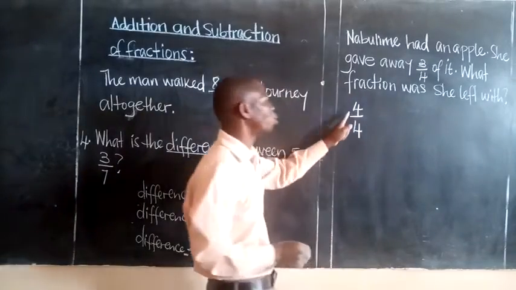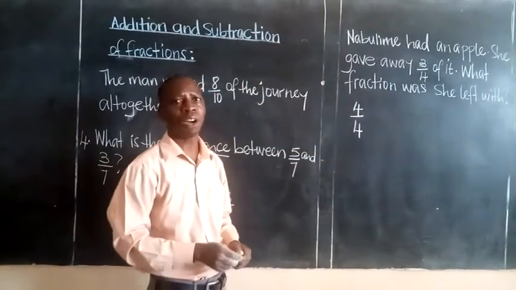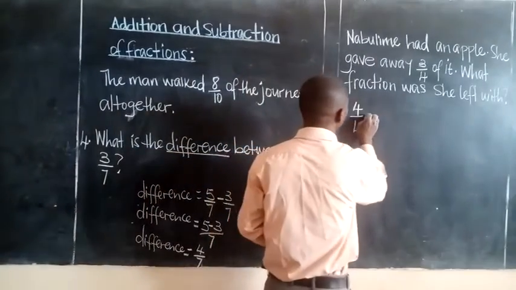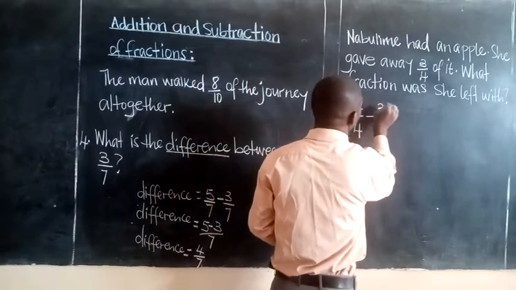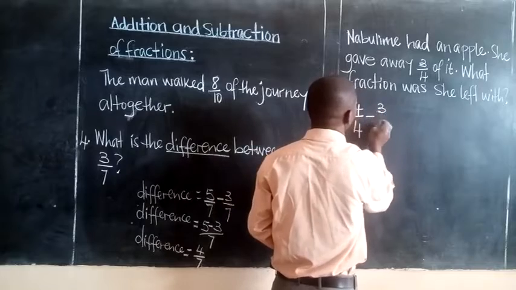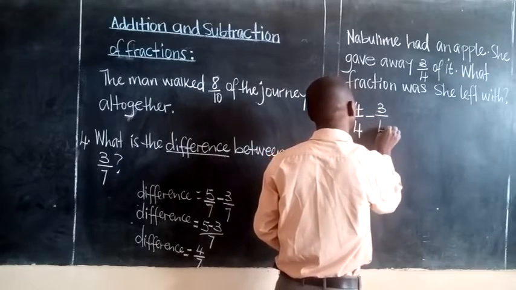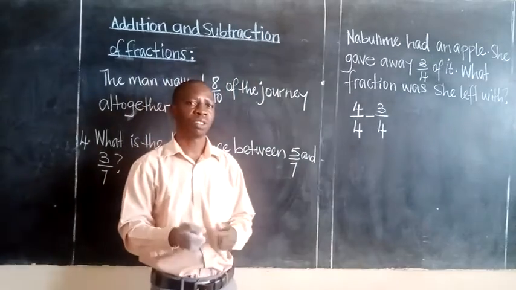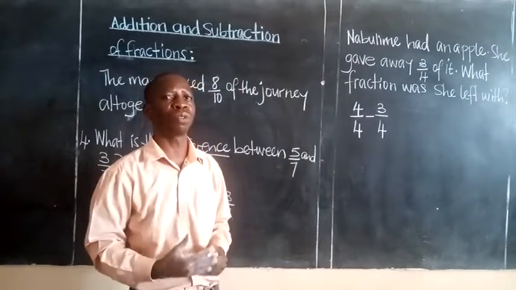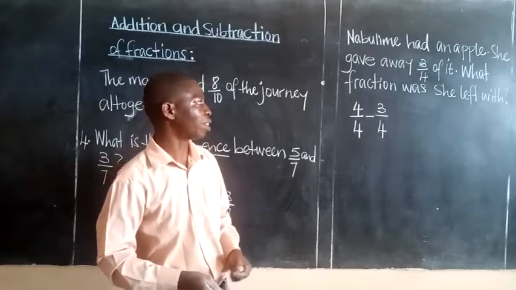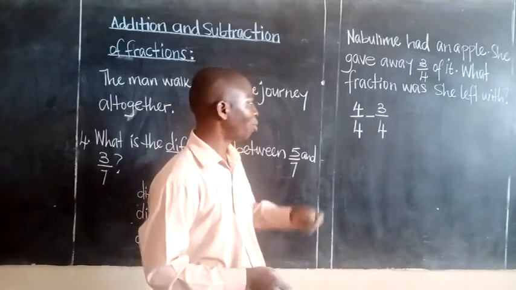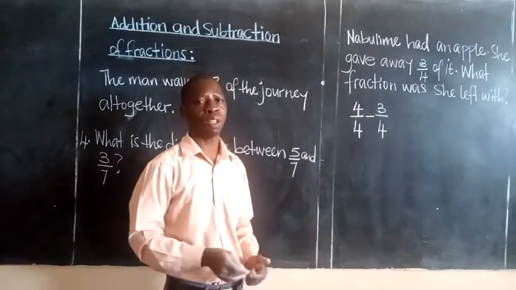She gave away 3 out of 4. Before subtracting, it was 4 out of 4. Our apple was 4 out of 4. But then she gave away, I don't know whom, but she might have given it to a friend, 3 out of 4. And now we are saying, what fraction was she left with?